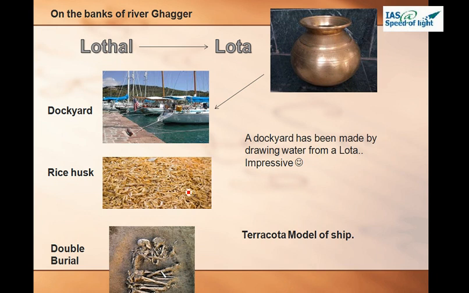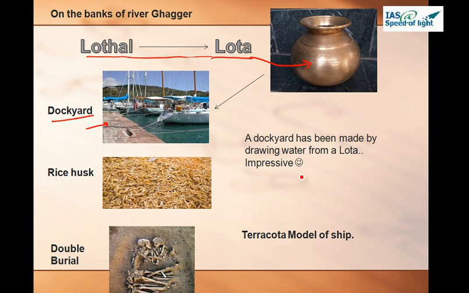Coming to the next site, which is Lothal. Lothal becomes lota. Lota is a Hindi word for this type of utensil, right? This is lota in Hindi. We have found one dockyard there at Lothal.